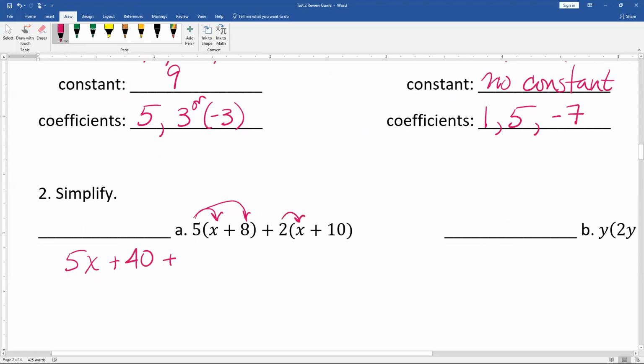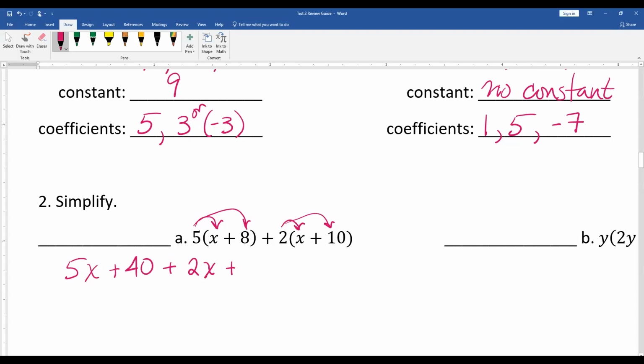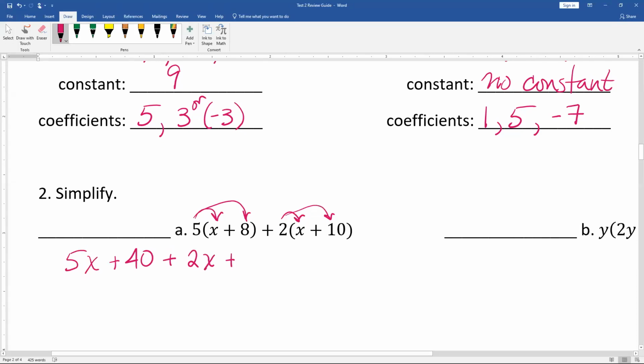So what does this become? Plus 2 times 10. 2 times 10 is 20. Nope, just the 2.